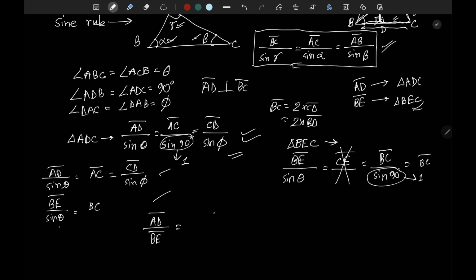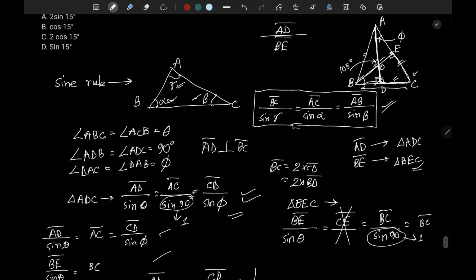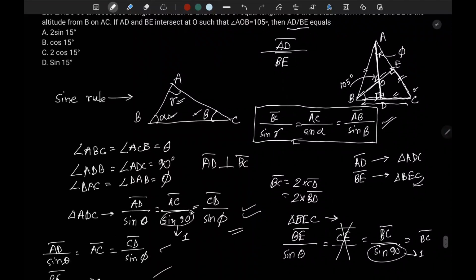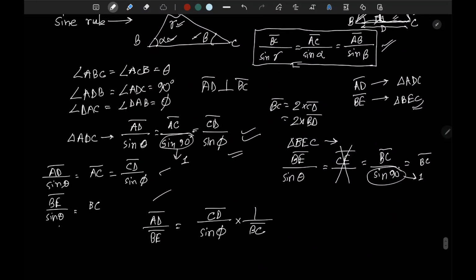Now we also have what? CD by sine phi, and this whole thing divided by BC. Why are we not taking AC? Because the value of AC is not needed here, right?